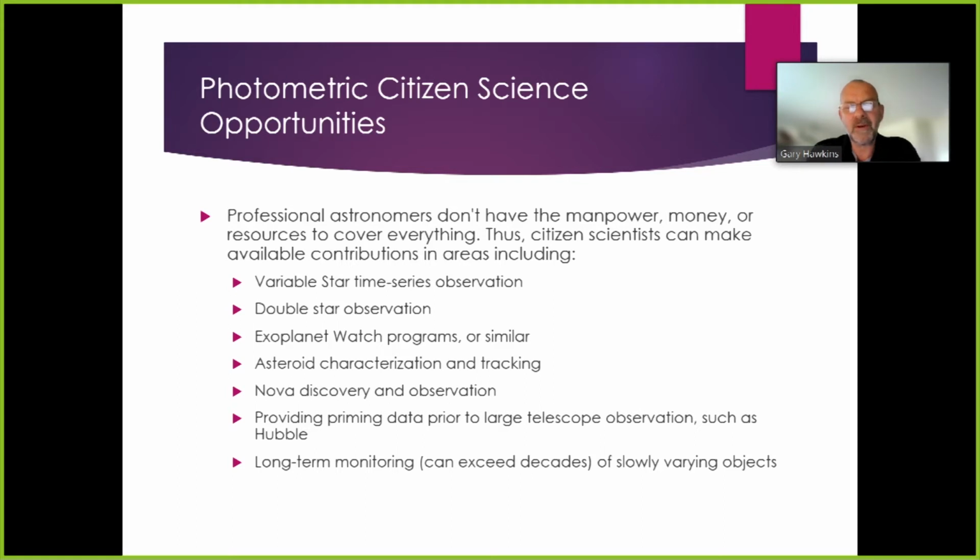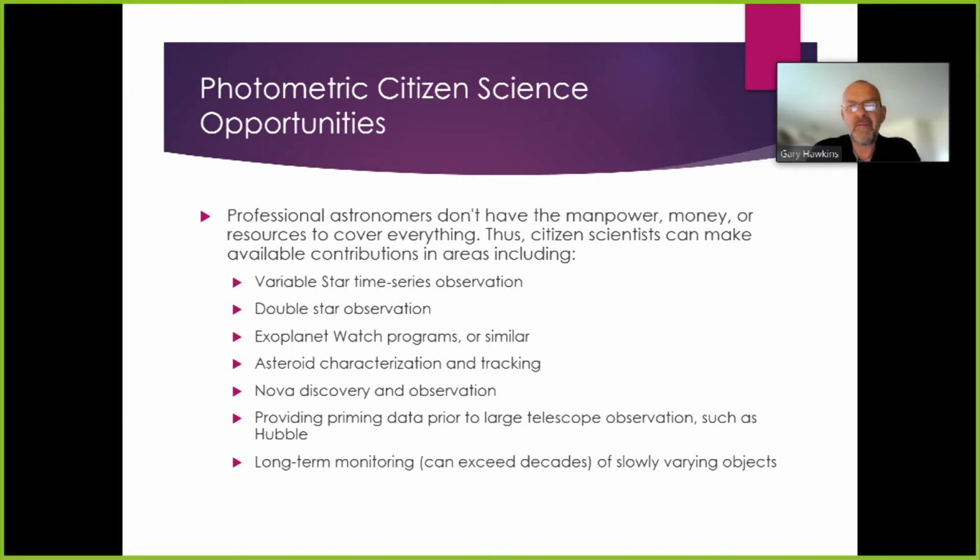your own supernova, and also providing priming data prior to large telescopes like Hubble actually doing observation runs, because it's very important for these expensive tools that they're only used at the most optimum time for observing. So they often use citizen scientists to determine when it's best to undertake measurements with a large telescope.